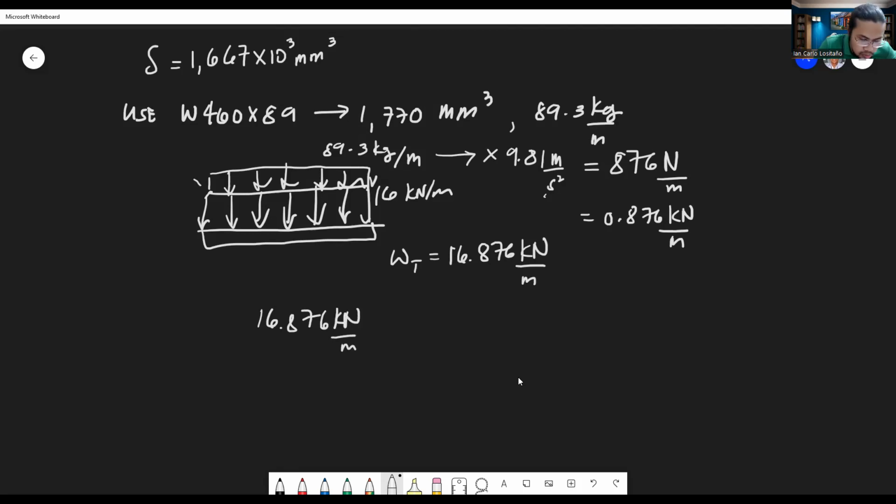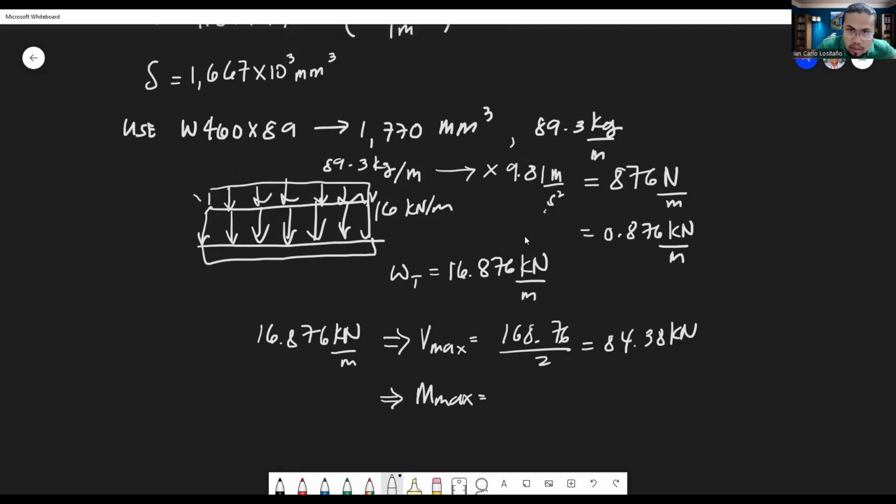The shear is simply the load times the length divided by 2. You multiply 16.876 by 10, so it becomes 168.76 over 2, which is 84.38 kilonewtons for the shear max, while the M max is based on our diagram.